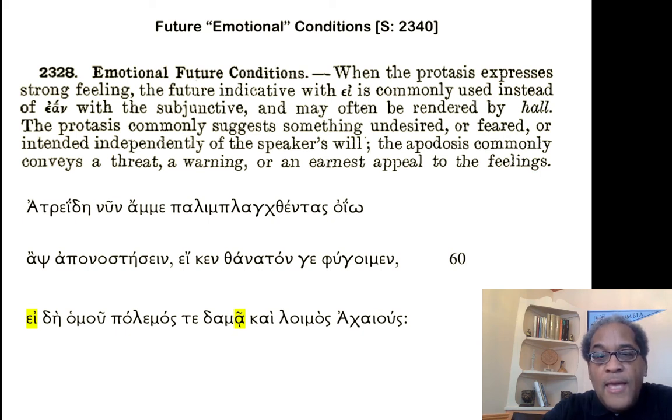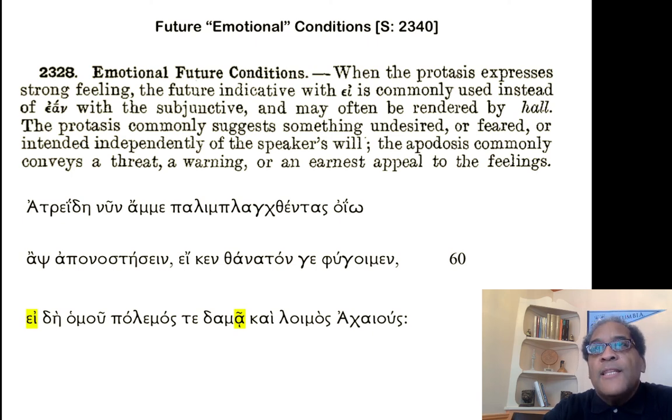If ei ken thanaton ge phugoimen, if we would escape death, and if indeed war and plague are to fall upon us. So it's interesting to see this combination of what one would call an emotional protasis with a less vivid protasis in these two clauses that, in this case, follow, because as we see the protasis can follow the apodosis, and it does here.